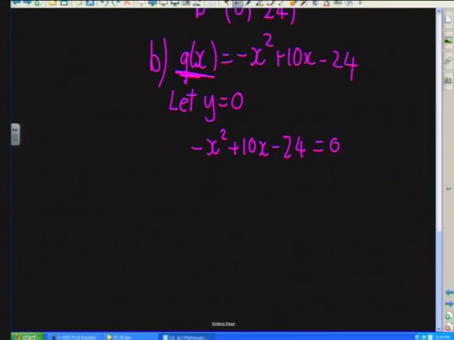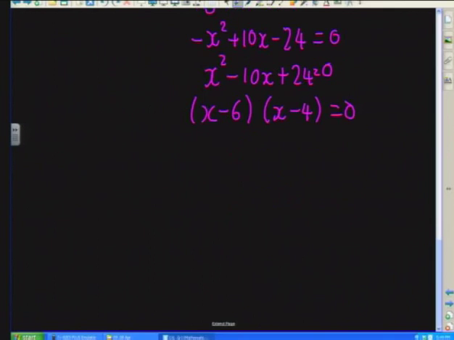And then to make things simpler, I'll divide through by the negative. So I get x squared minus 10x plus 24 is equal to 0. We now have a quadratic equation which we can factorize into 2 brackets. So we get (x minus 6)(x minus 4) is equal to 0.